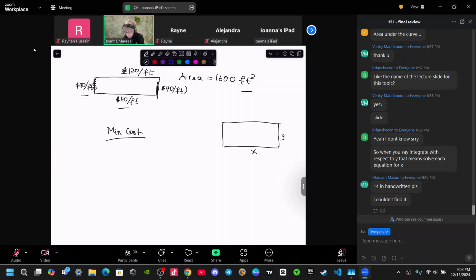If this side costs $40 per foot, and this one costs an arm and a leg to put the fence. What's the cost of the bottom side only?